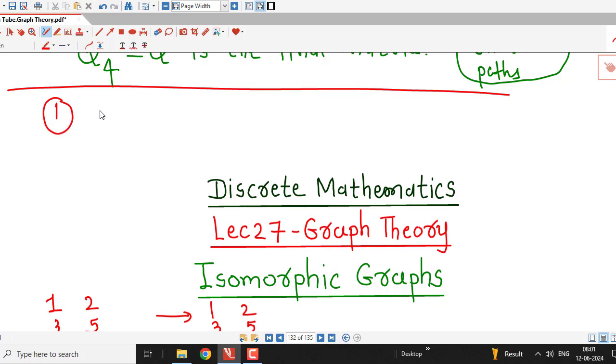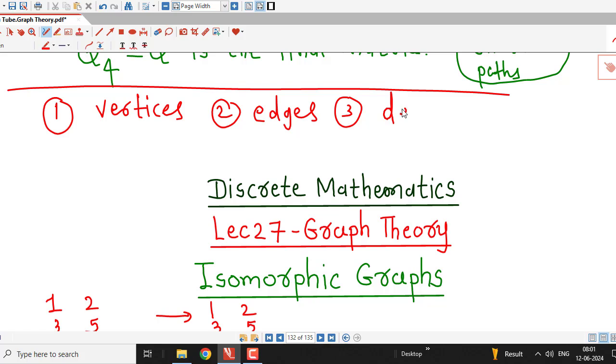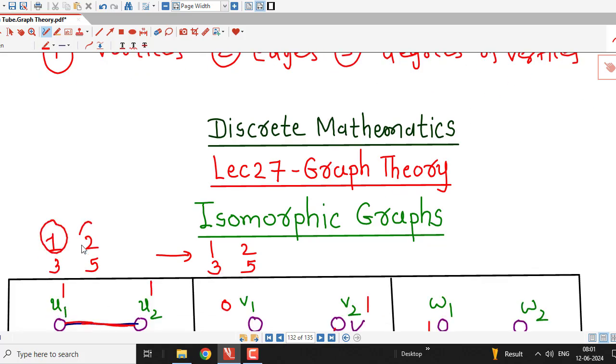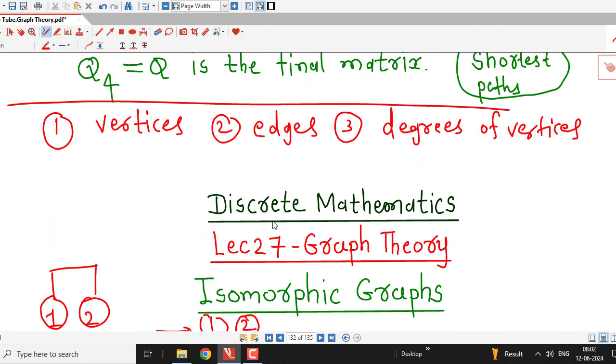Those properties are: the number of vertices is the same, the number of edges is the same, and then the degrees of corresponding vertices must match. As I discussed here, if one graph has 3 vertices of degree 1 and 5 vertices of degree 2, then the corresponding graph must have the same type of vertices.